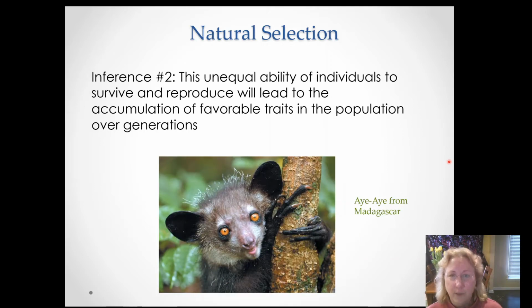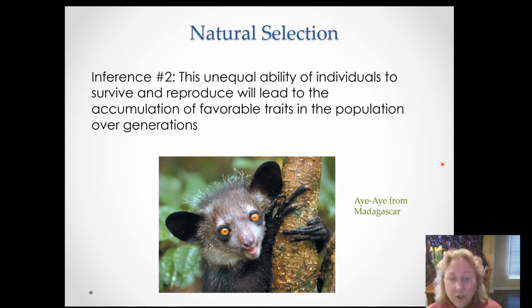We can call this differential survival. Some individuals survive, some do not survive, some produce more offspring in the next generation, some produce fewer or zero offspring. And that's what's going to change species and populations generation after generation.